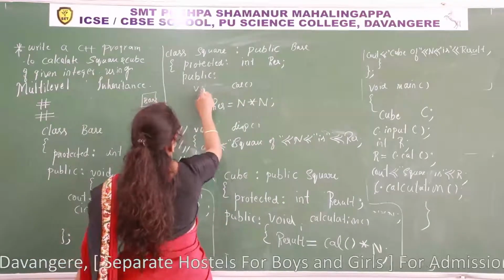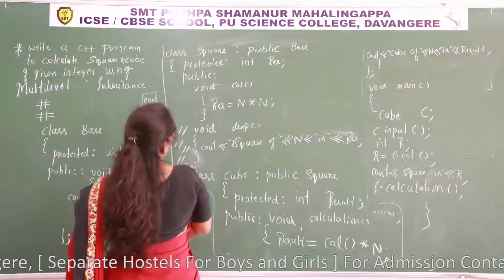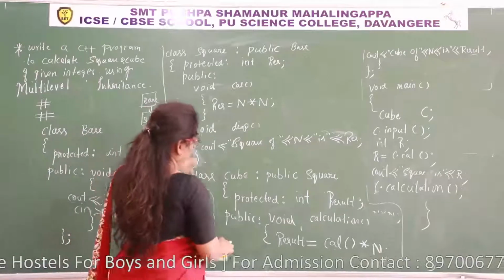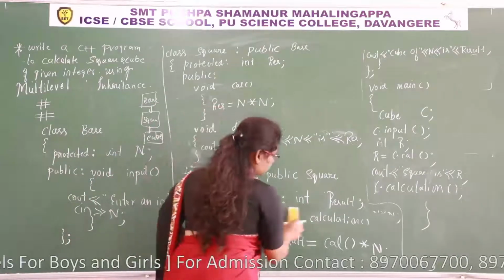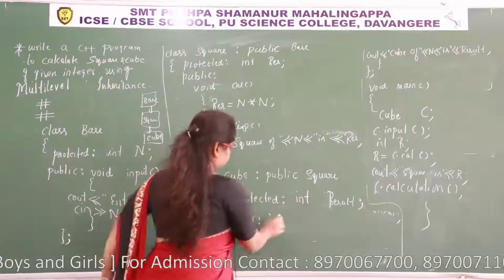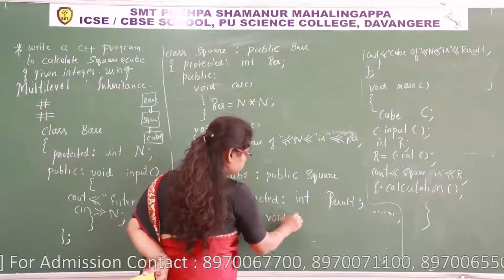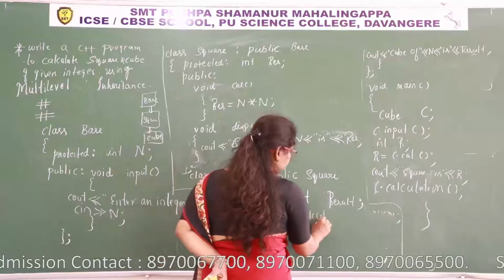I'll write void. This function doesn't return any value. Here I'll take void calculation.